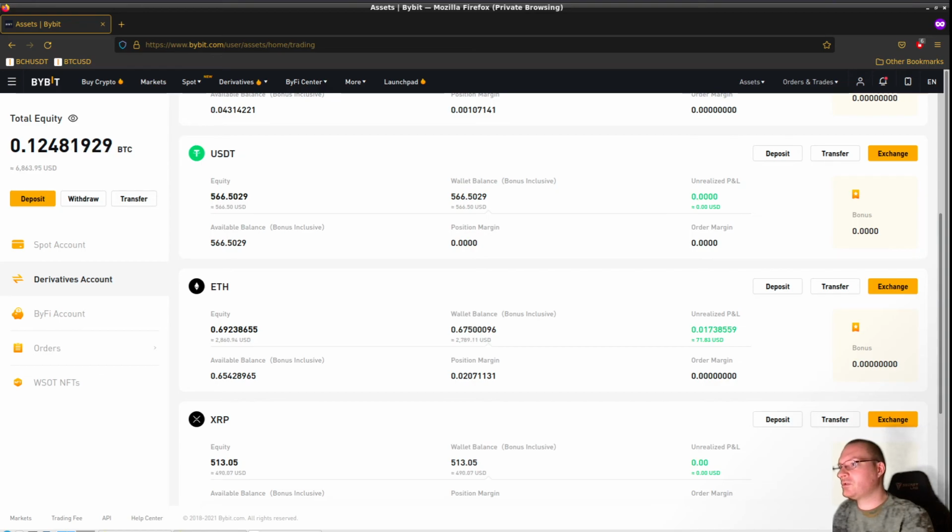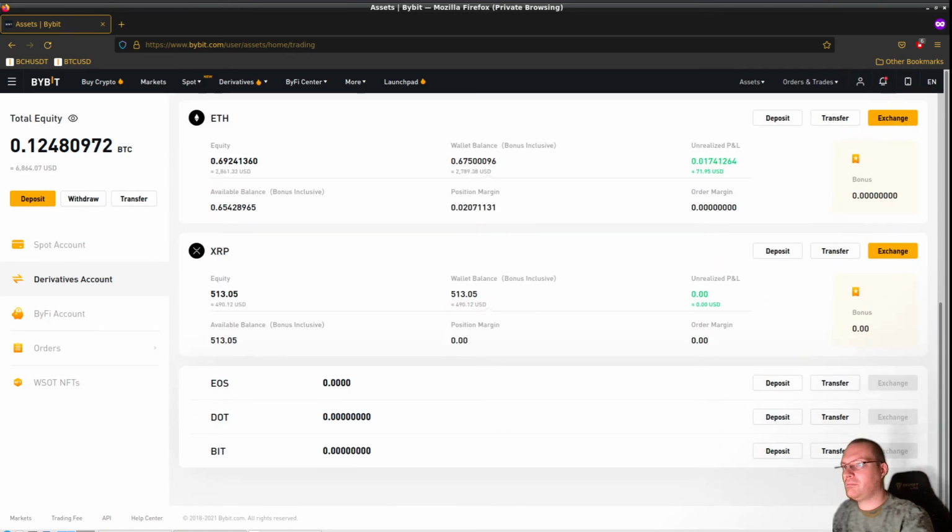And Ethereum, the short, 71 in profit. And XRP, there I intervened. So currently it's in no position. As soon as there's a buy signal, the bot will buy again.